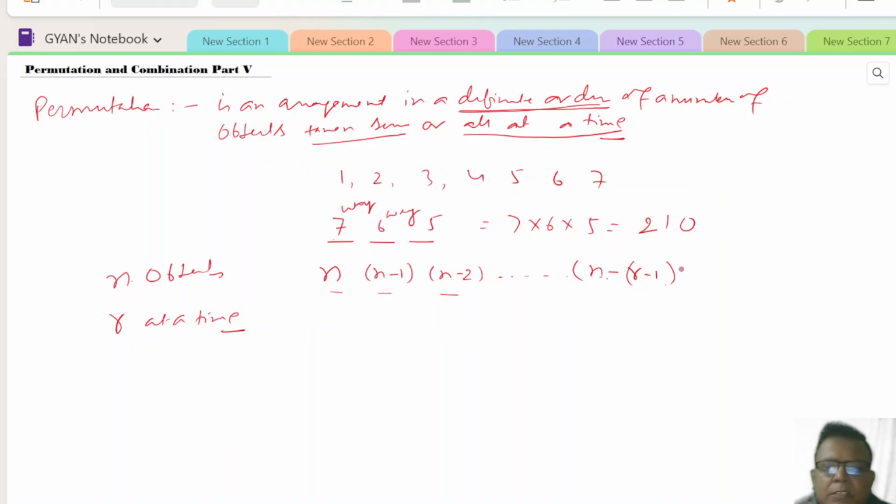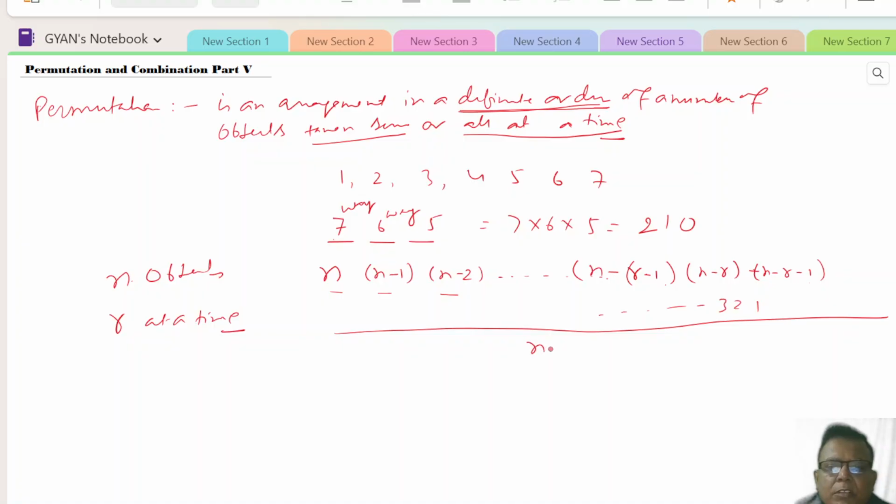Now you do one thing. You multiply by n minus r, n minus r minus 1, and similarly down to 3, 2, 1, and divide by that also: n minus r, n minus r minus 1, n minus r minus 2, down to 3, 2, 1.